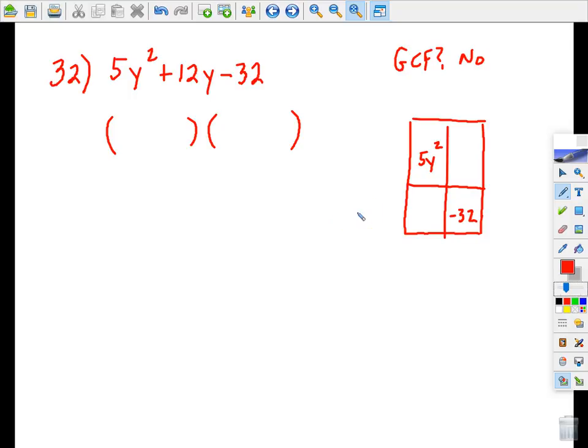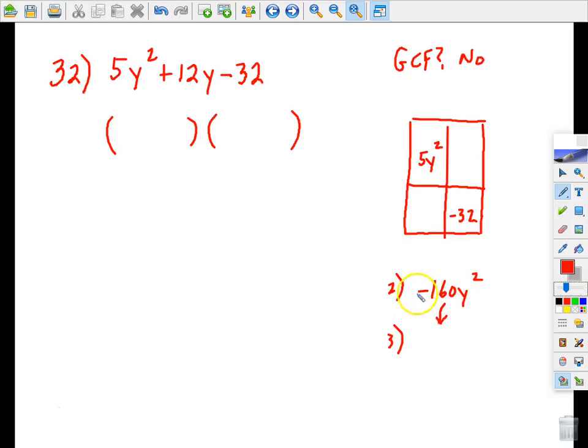If you multiply 5y squared times negative 32, that's negative 160y squared. Now I need the factors of negative 160y squared that will add up to positive 12y. You're going to have to think about this one just a little bit.